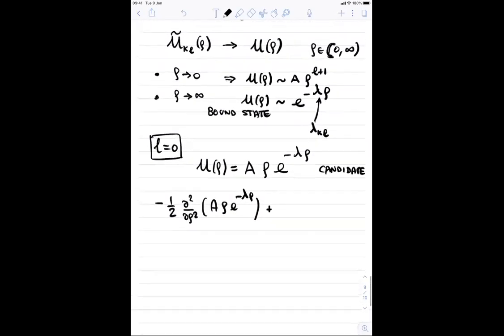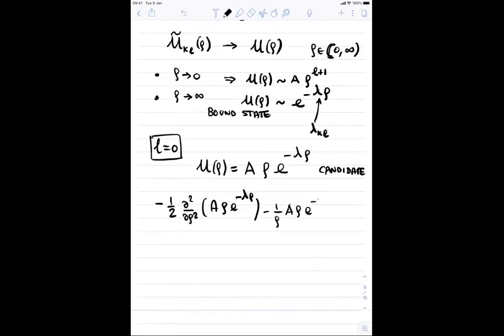So I have, oops, sorry, I have really a minus 1 over rho times A rho e to the minus lambda rho equal to E A rho e to the minus lambda rho. This is what I would like to see. Is it true or not?